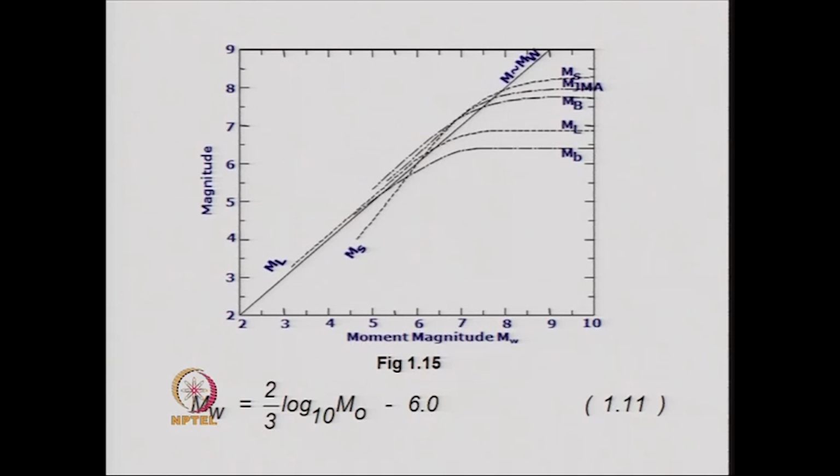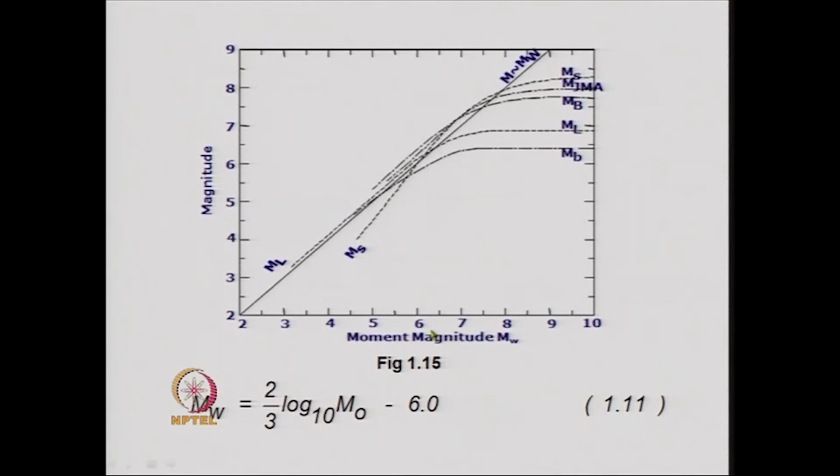Equation 1.11 gives the relationship between the moment magnitude and M0. Here the constant 6.0 is obtained from the regional characteristics.